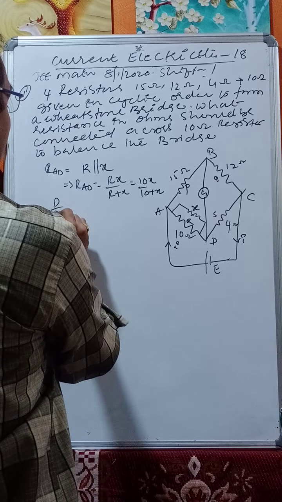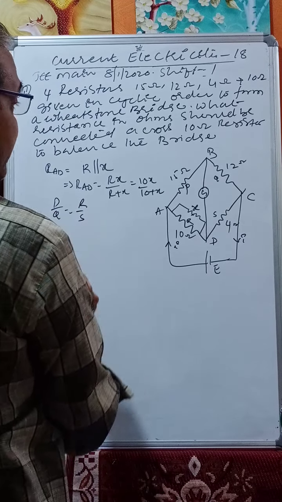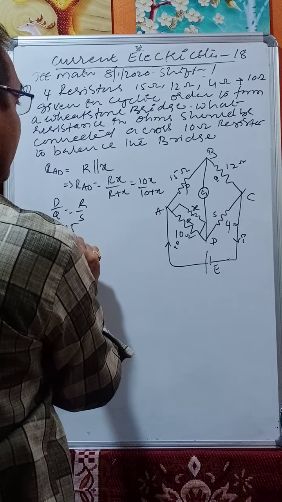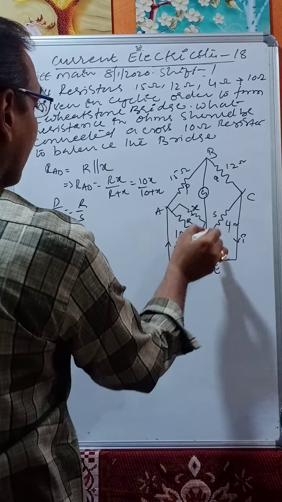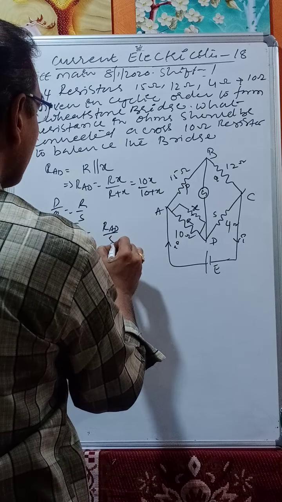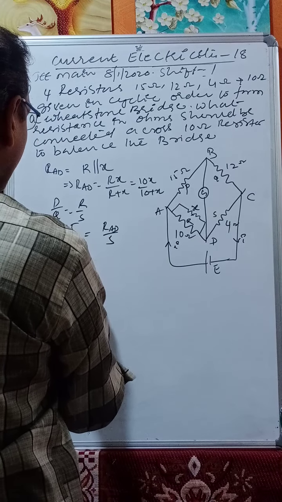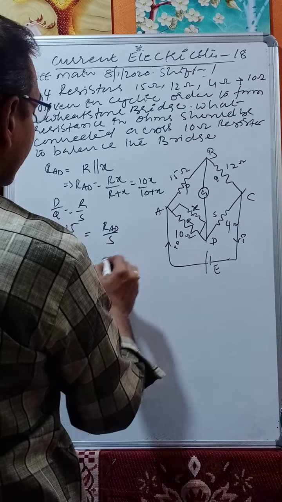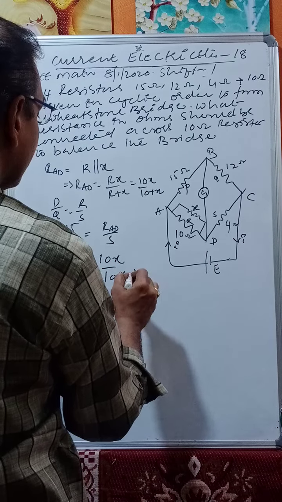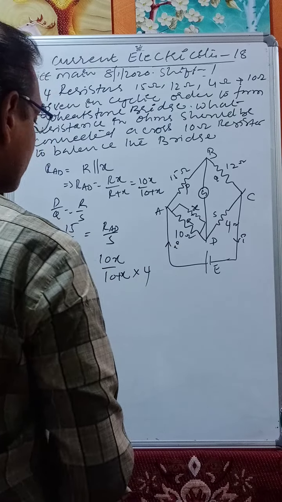P by Q is equal to R by S. This implies P by Q, 15 by 12, is equal to RAD by S. So 15 by 12 is equal to 10x by 10 plus X, into S, which is 4 ohms.